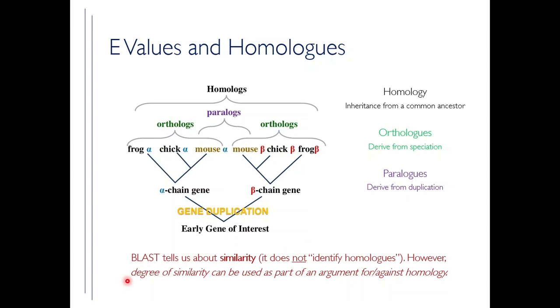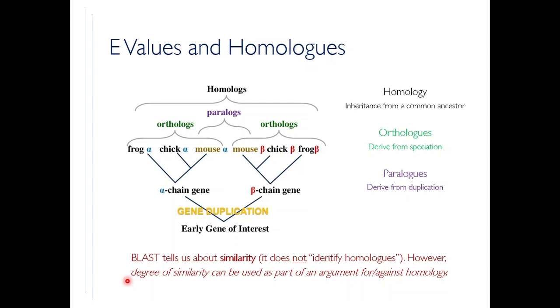But you can use the degree of similarity and the e-value, and obviously looking at the sequences yourself, you can use all of that information as an argument to say whether those sequences are homologous to each other or not. So the BLAST search does not tell you about homology. It just tells you how similar those two sequences are.